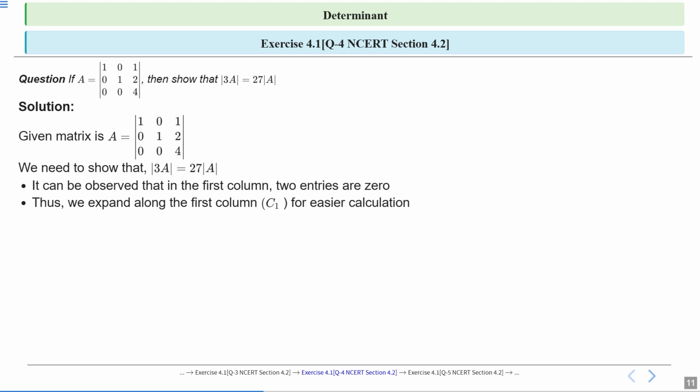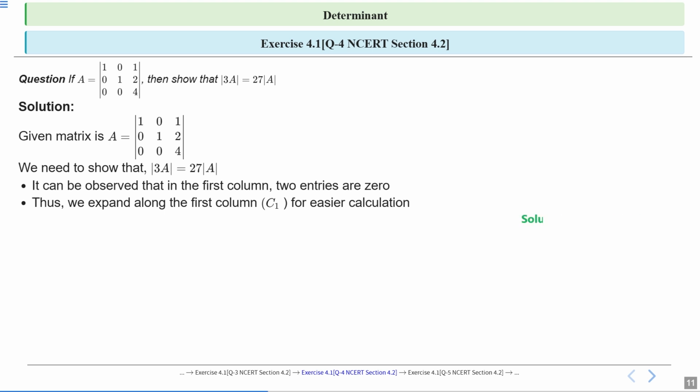And for that, we take any row or any column and expand along that row or column. Okay. And we take that element first and then multiply with the determinant of the matrix of order 2 cross 2 that we obtain by just cancelling the row and column of that element. Okay.